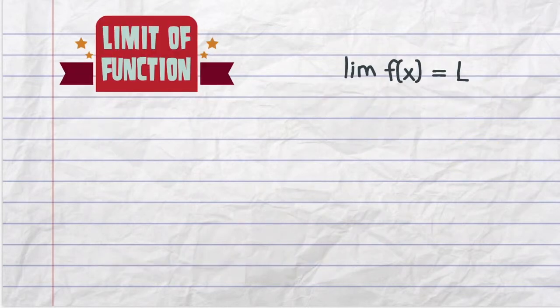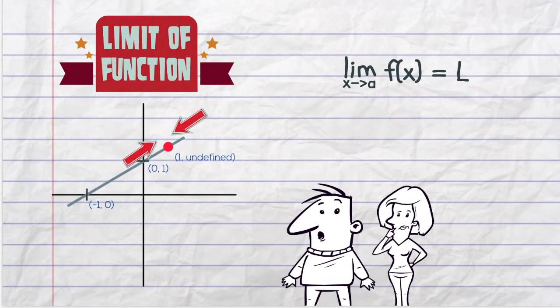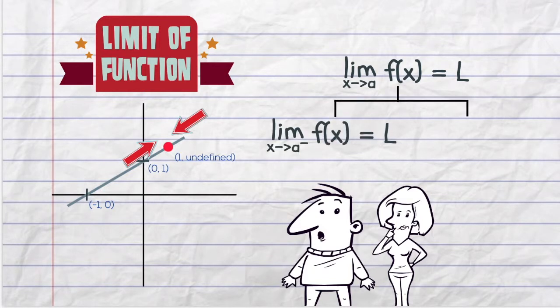When we write the limit of f of x as x approaches a, it indicates that x is approaching a from both sides. If we want to be specific about the side from which the x values approach a, we use notation with a negative sign on the top corner, which indicates the limit from the left side where x is less than a, while the limit of f of x as x approaches a with a positive sign on the top corner indicates the limit from the right, where x is more than a.